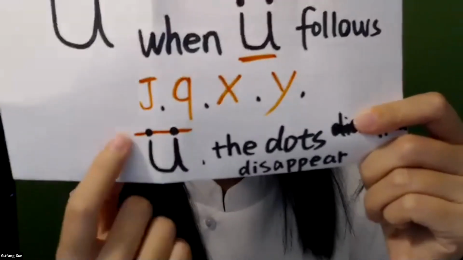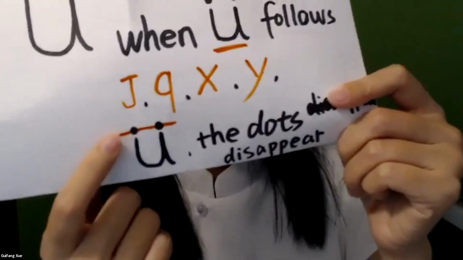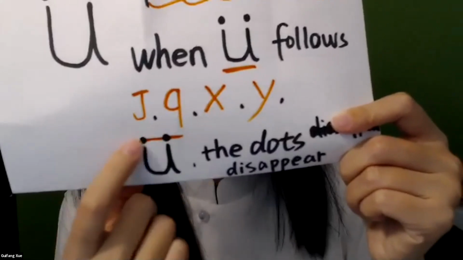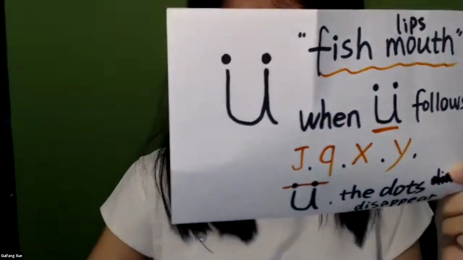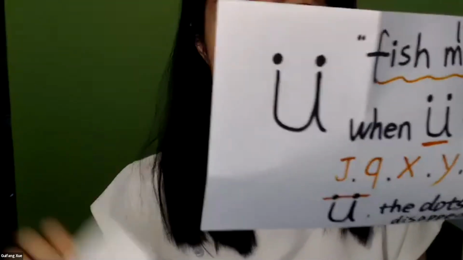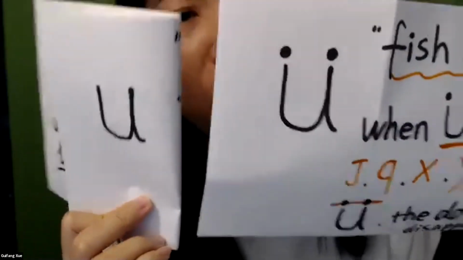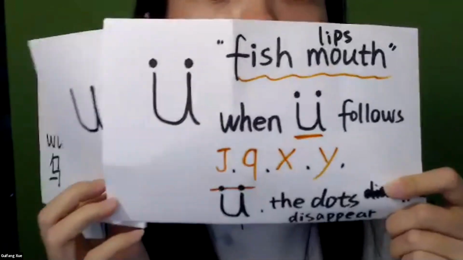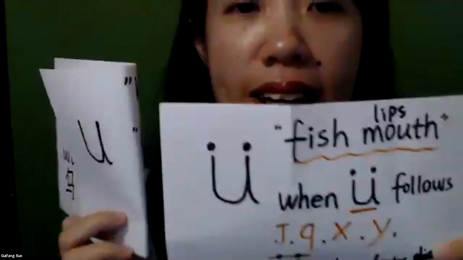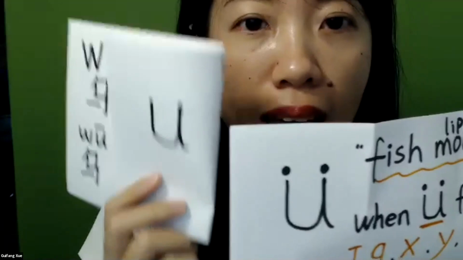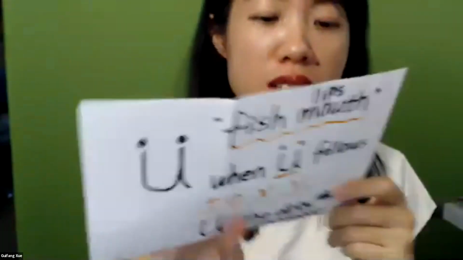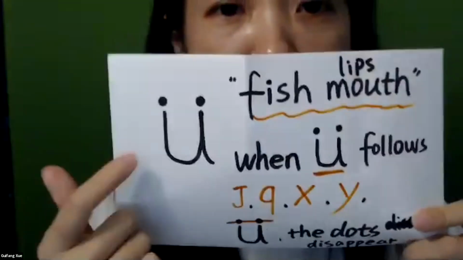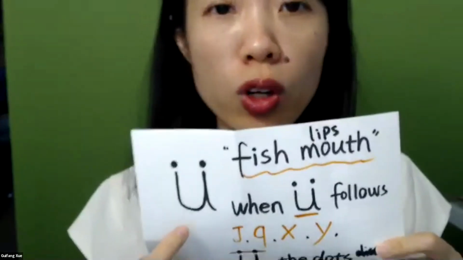You see, I crossed out the dots. So if the dots disappear, how will it be written? The written form will look like wu. However, it doesn't pronounce wu. Even though the dots disappear and it's written as wu, it still pronounces itself, yu, yu.